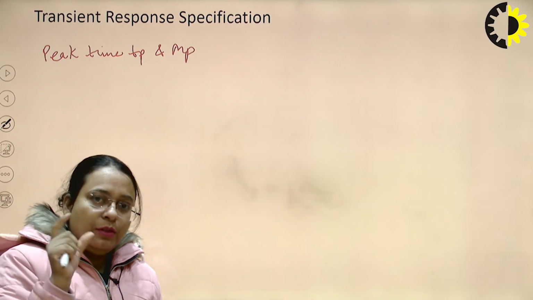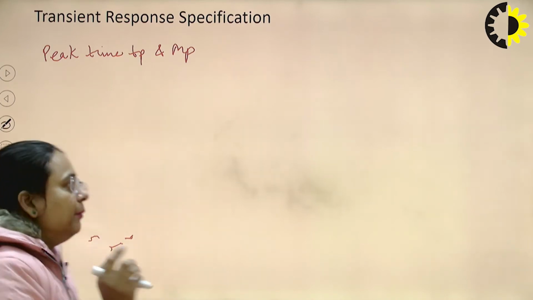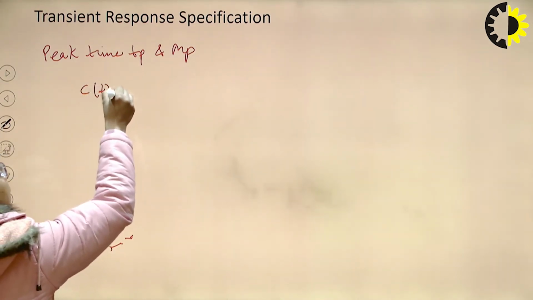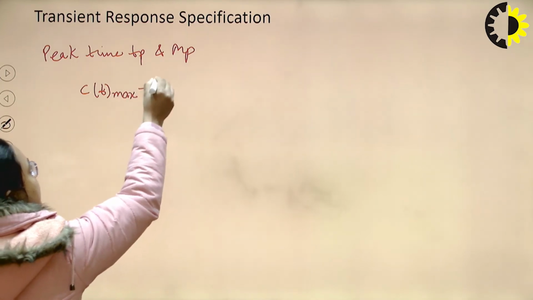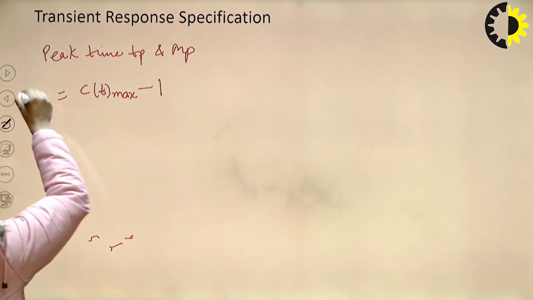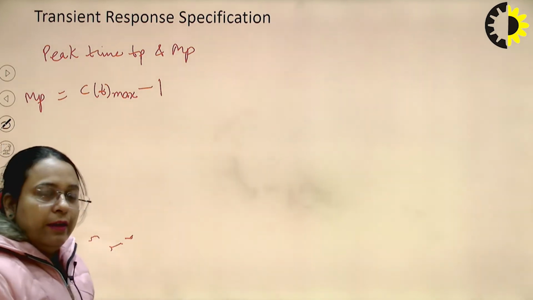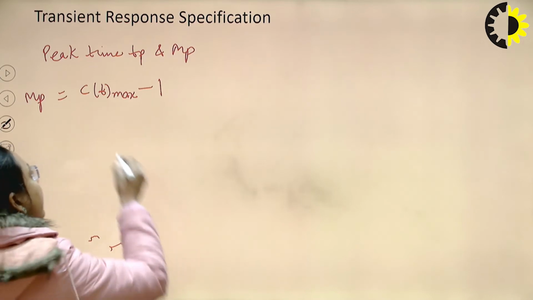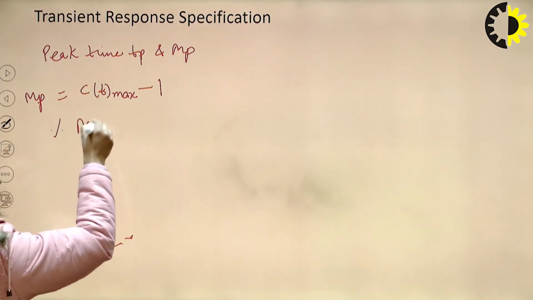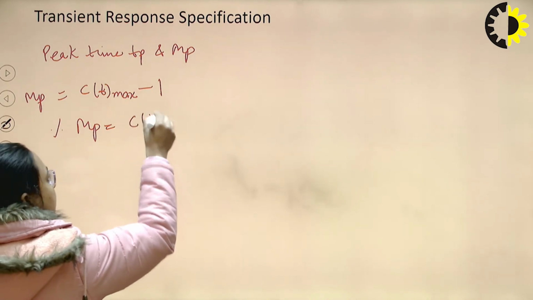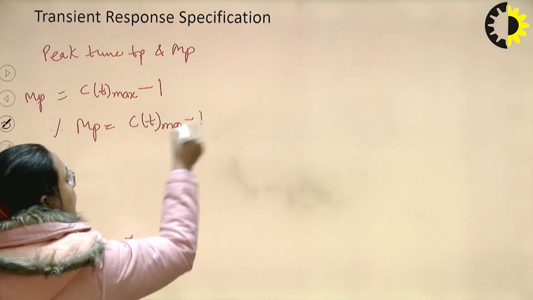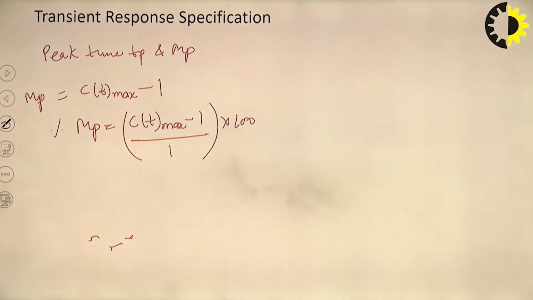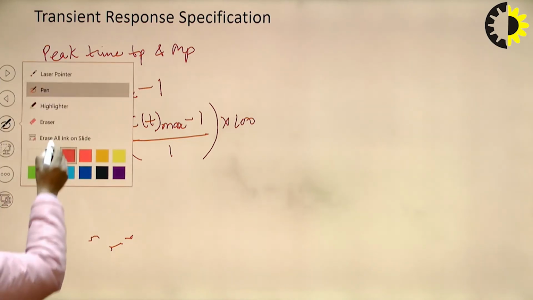So the maximum positive deviation is defined as MP and can be written as C(t) max minus 1 if the unit step input is applied, since in that case the desired value is 1. In case of percentage MP, we can write it as (C(t) max minus 1) upon 1 into 100, right?